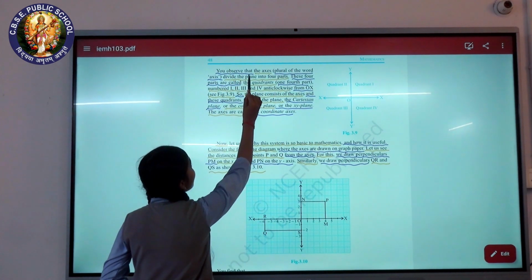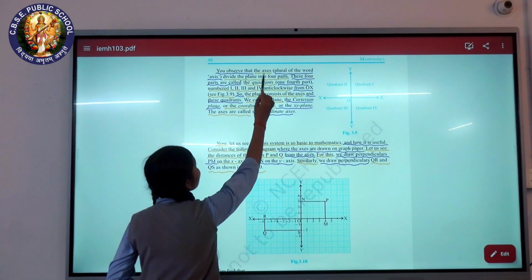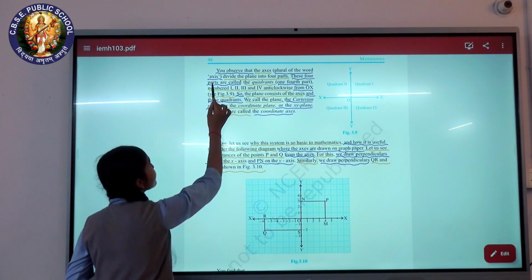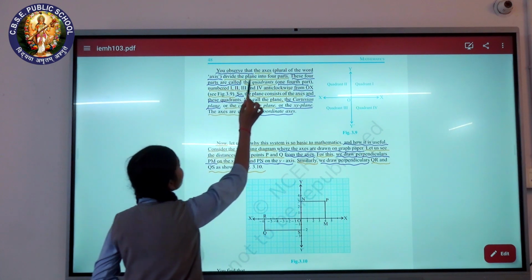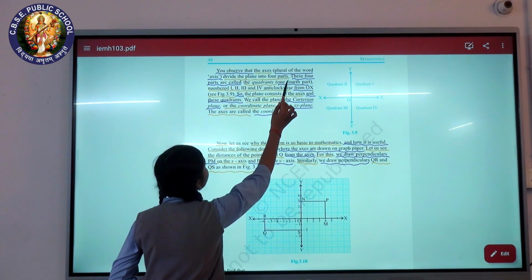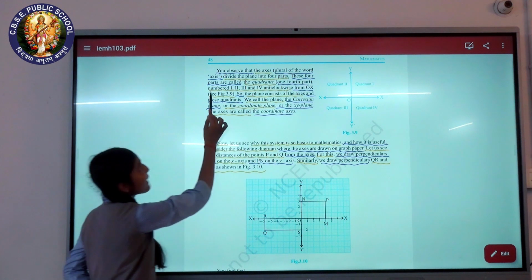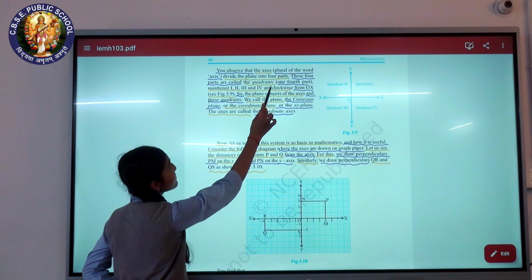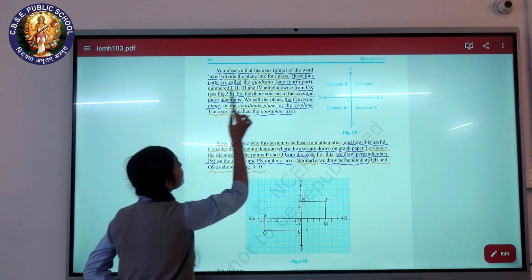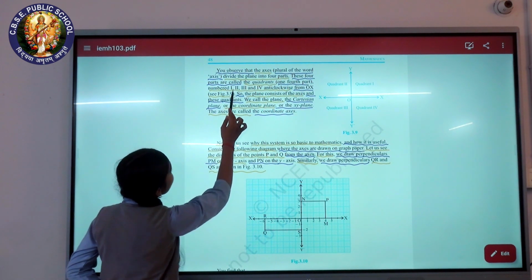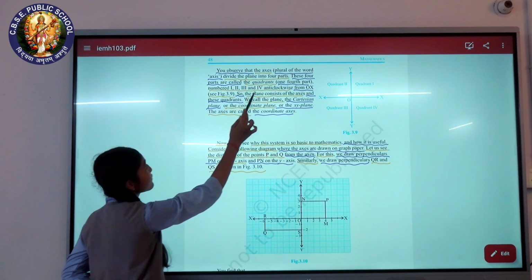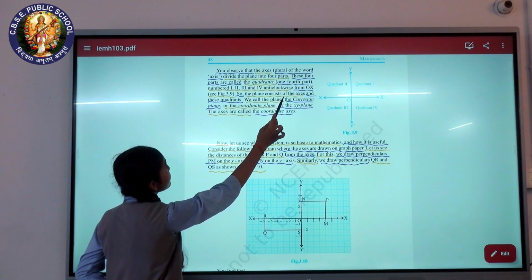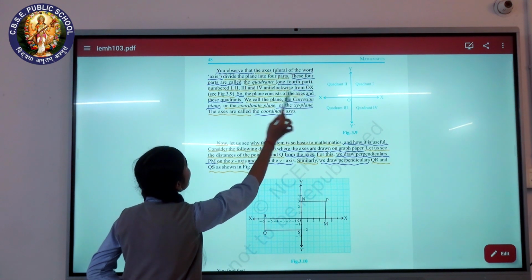You observe that the axes, plural of the word axis, divide the plane into four parts. These four parts are called the quadrants, 1/4 part. Number them first, second, third, and fourth anti-clockwise from OX.